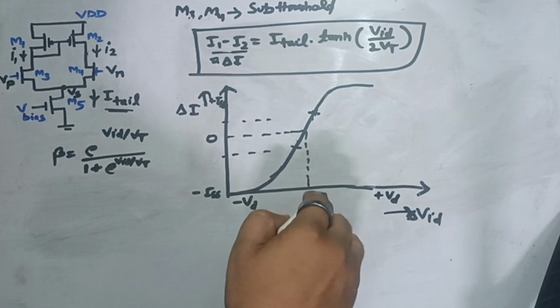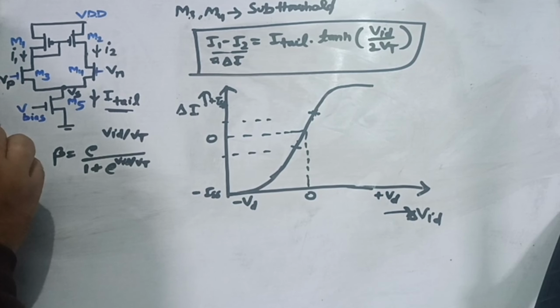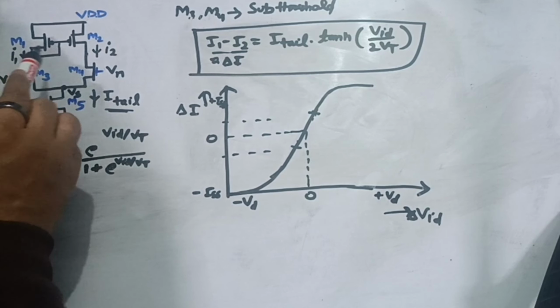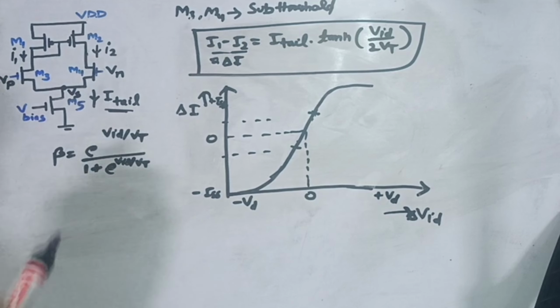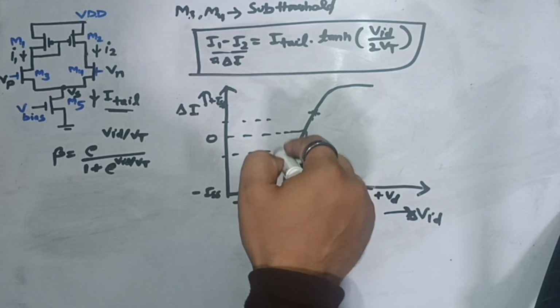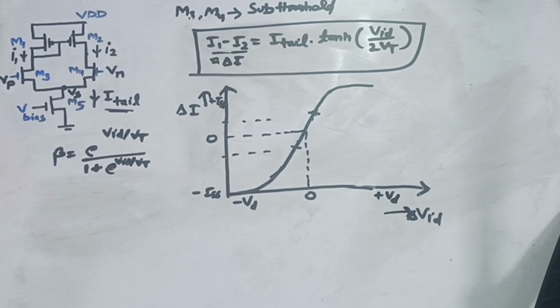Now, as soon as you make the delta difference very high, that means if you make one input go very high and one input very low, the entire amount of current flow will happen through one branch. The other branch will have a minimum or very low current. At that time, this graph will work like a large signal analysis. It will not work anymore like an amplifier.